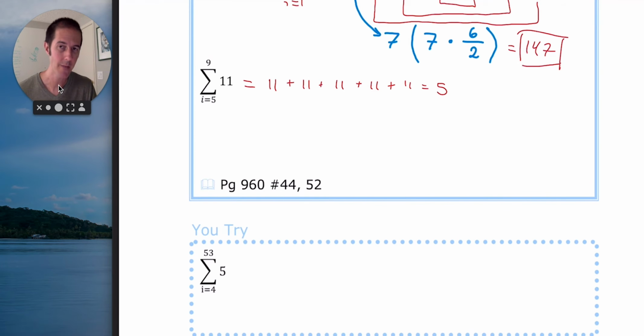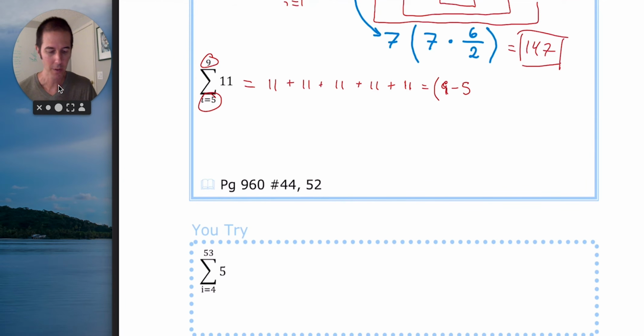Well, there are 5 11s, and I can see that because I'm counting them. How did I get that 5? Well, I could take my upper index minus my lower index. 9 minus 5 is only 4.